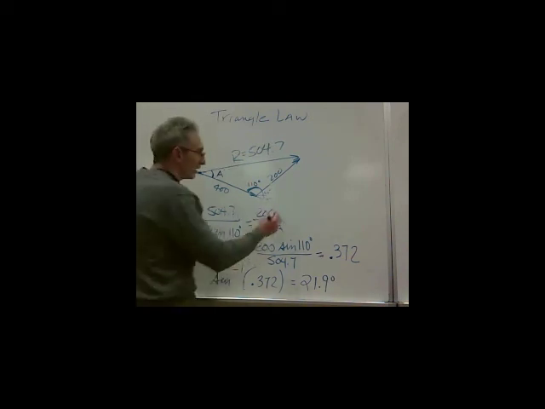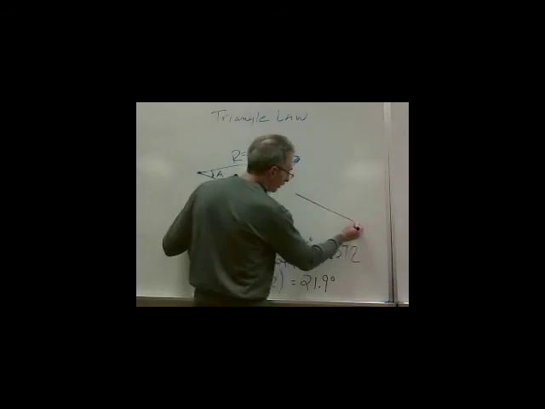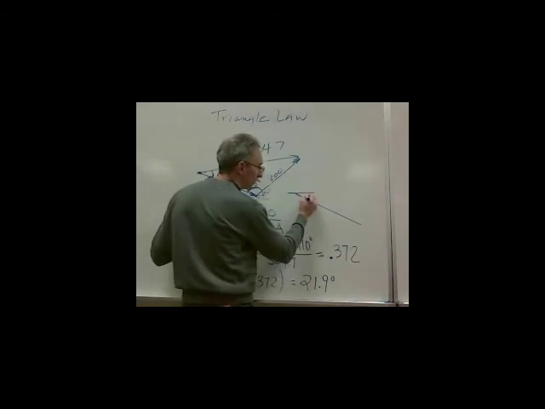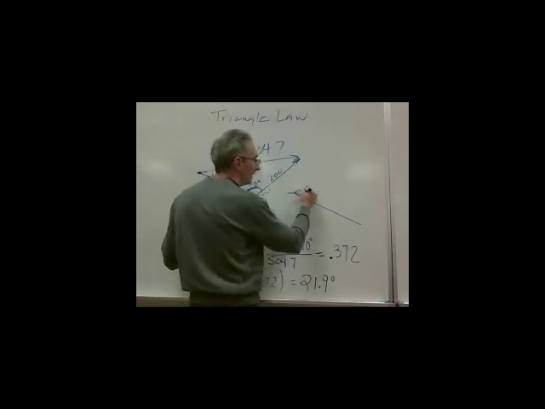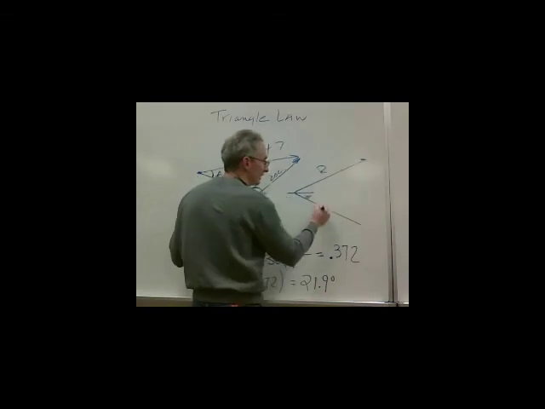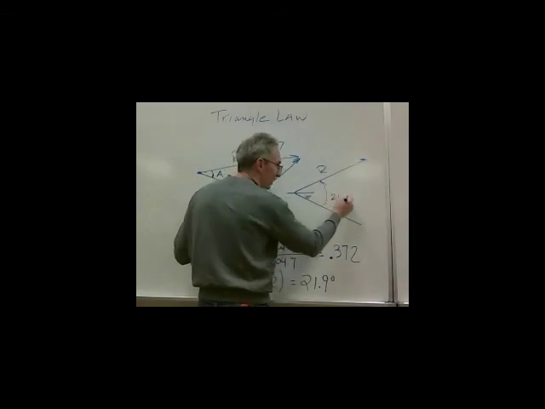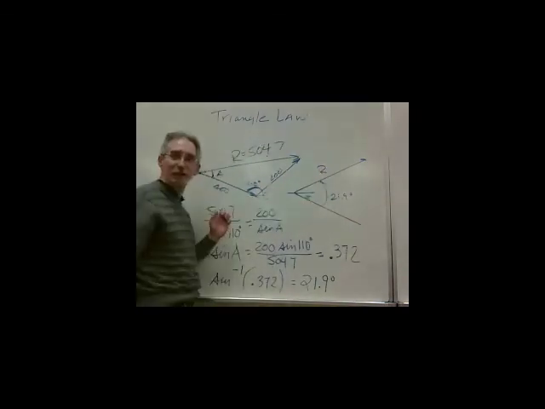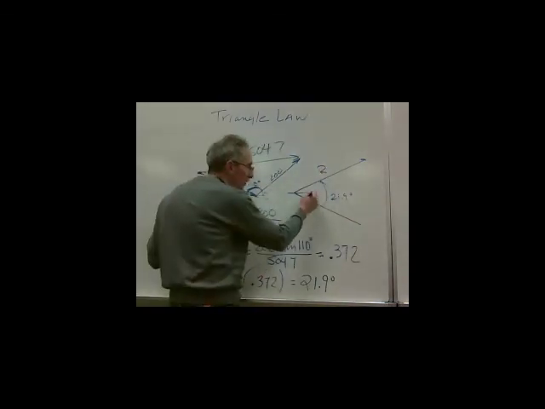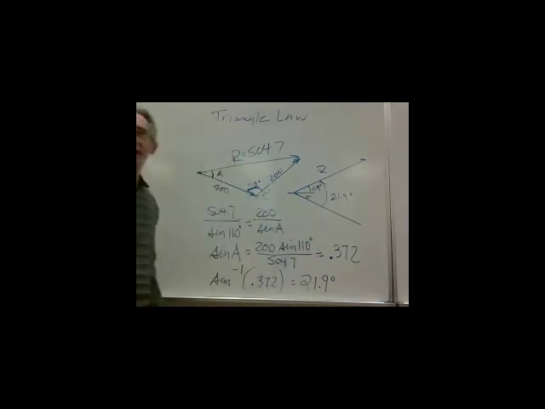So remember, here's the 400-pound vector. It was 10 degrees off horizontal. Here's this resultant. It's 21.9 degrees between those two. So if you wanted to call it off horizontal, or the x-axis, it'd be at 11.9 degrees.